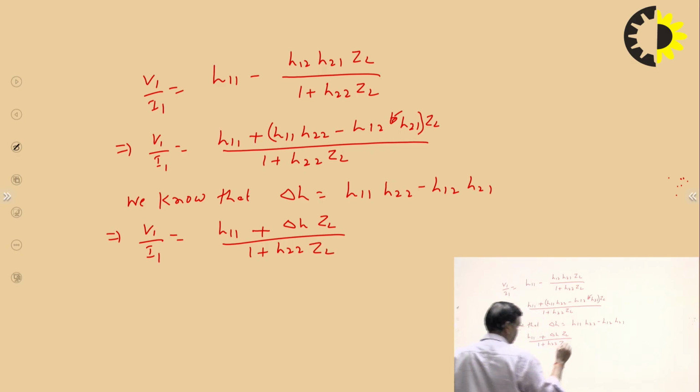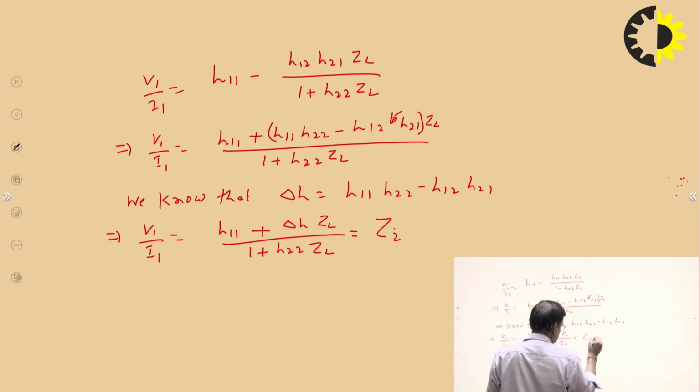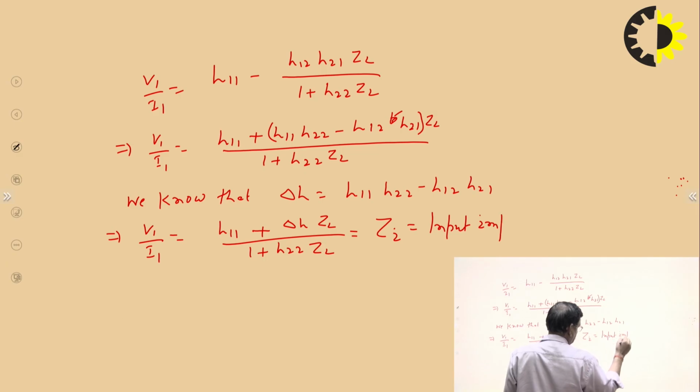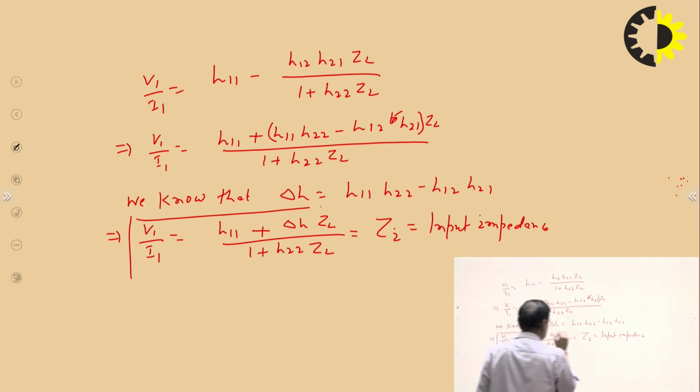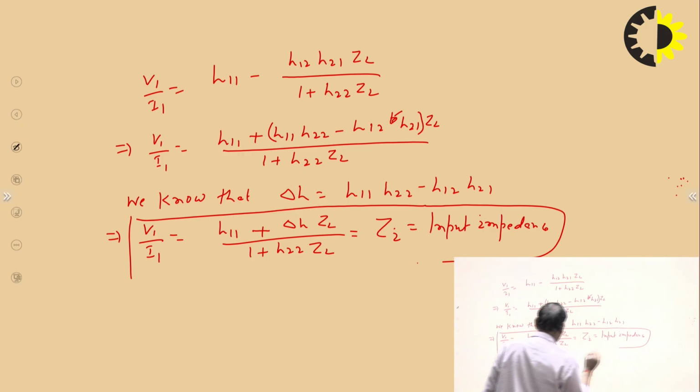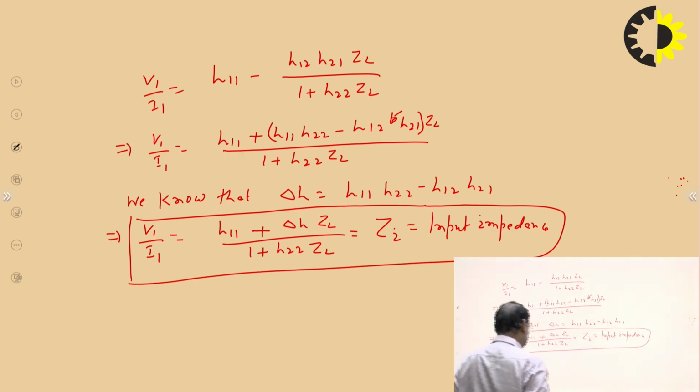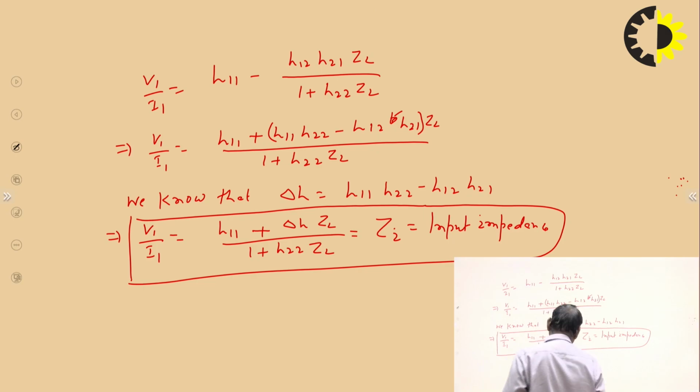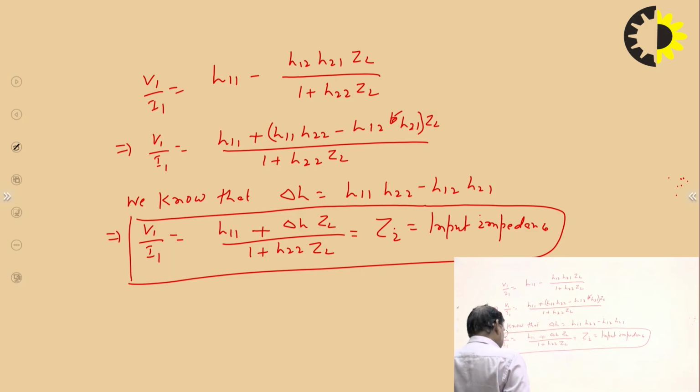So this is your Zi, which is the input impedance. This is the expression for input impedance: H11 plus delta H ZL upon 1 plus H22 ZL. So this is your input impedance.